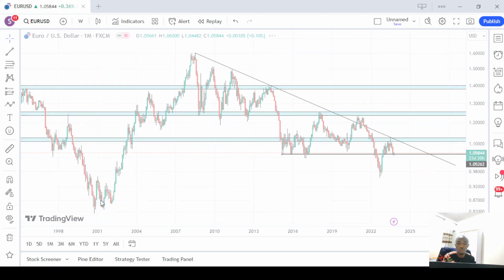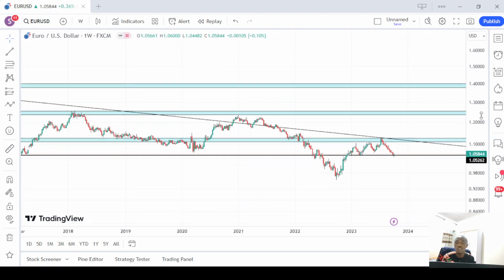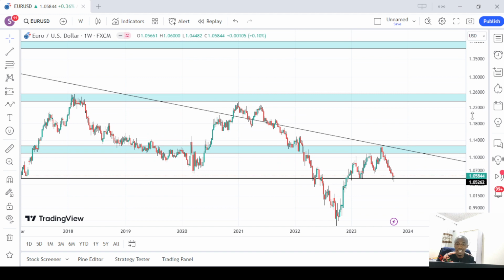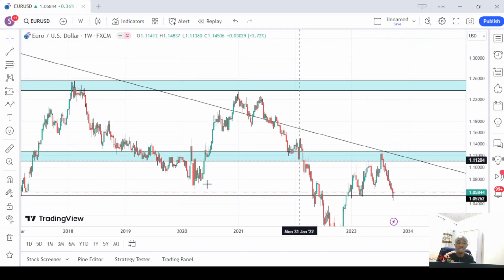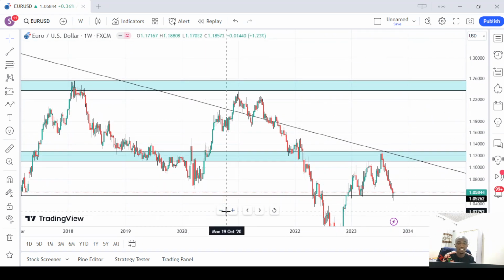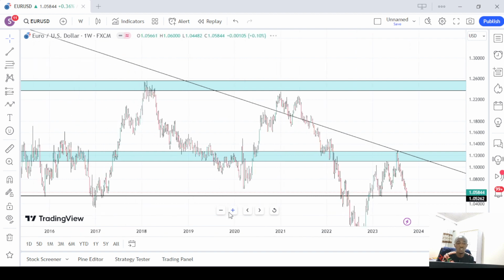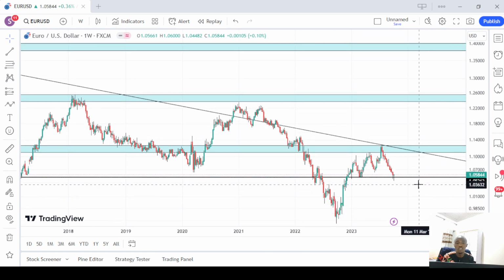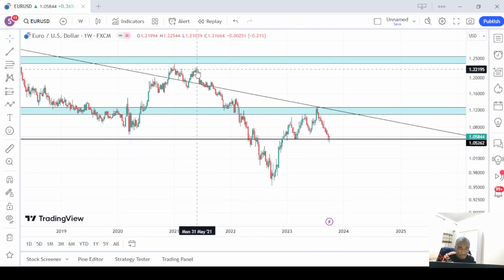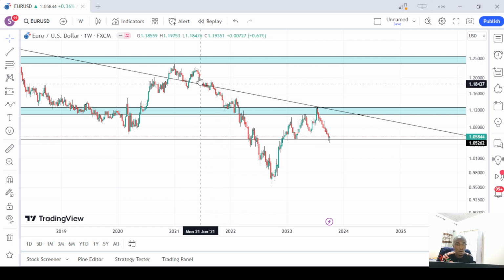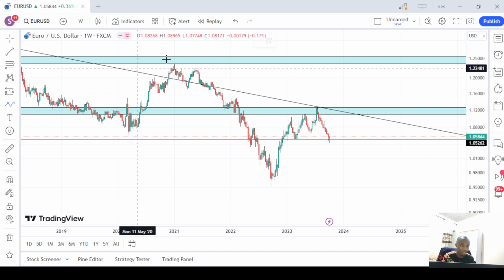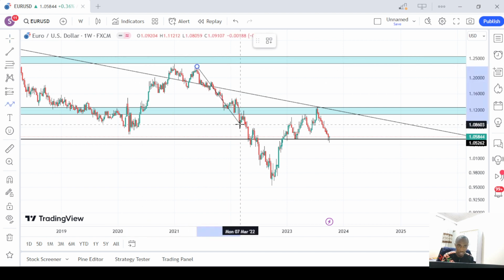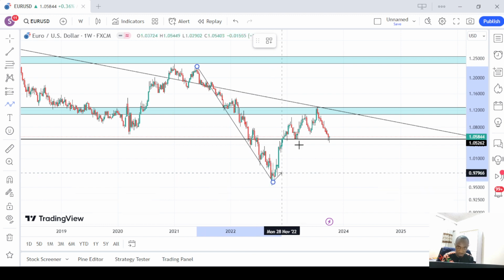You can come to the weekly time frame. What happens on the weekly and on the daily is basically, I would say, structure forming inside of structure. Like this move from here to here, and from here to here.